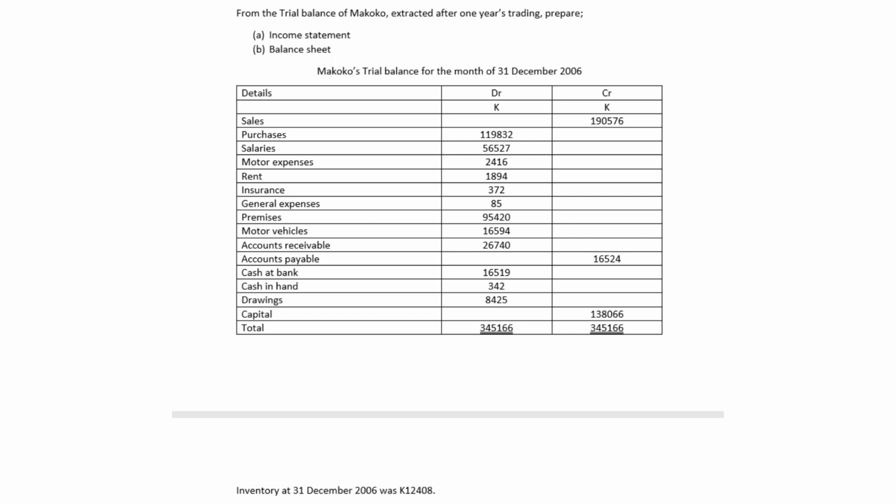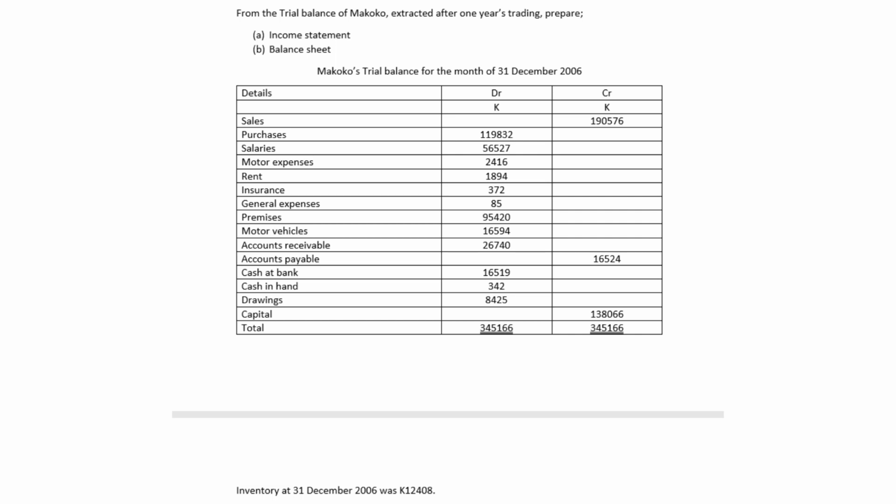We have premises amounting to 95,420. Motor vehicles amounting to 16,594. Accounts receivable amounting to 26,740. Then accounts payable amounting to 16,524. Cash at bank amounting to 16,519. Cash in hand amounting to 342. Drawings amounting to 8,425.